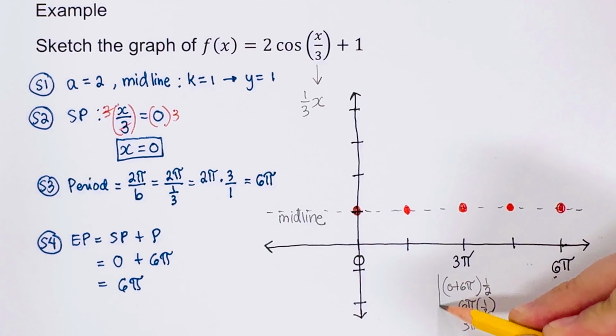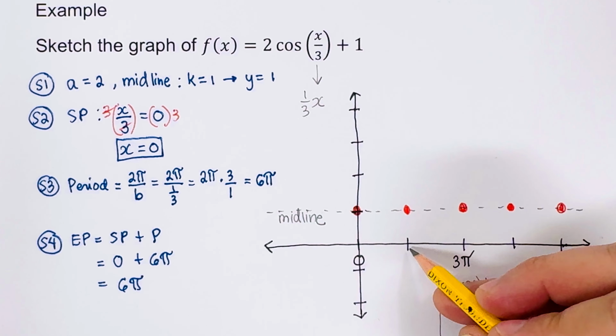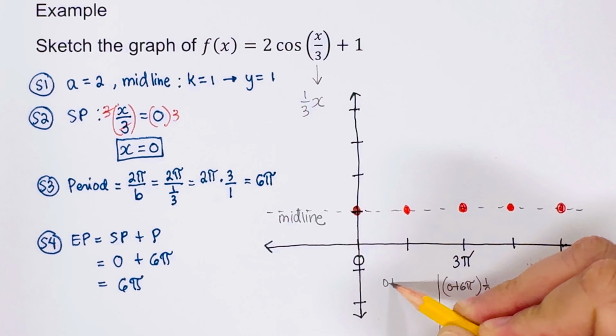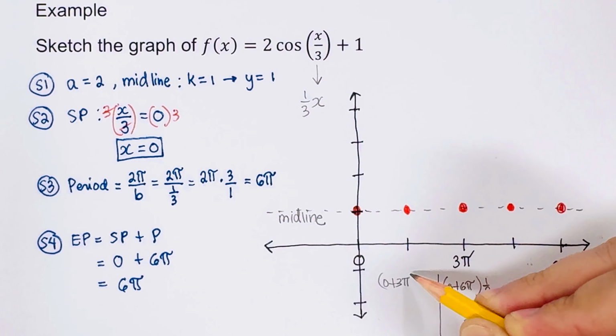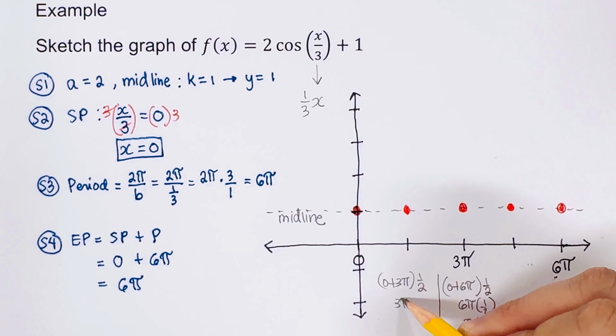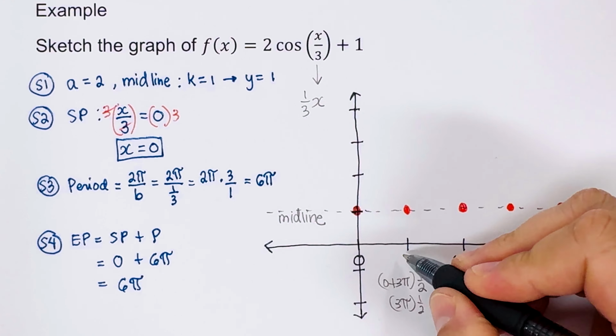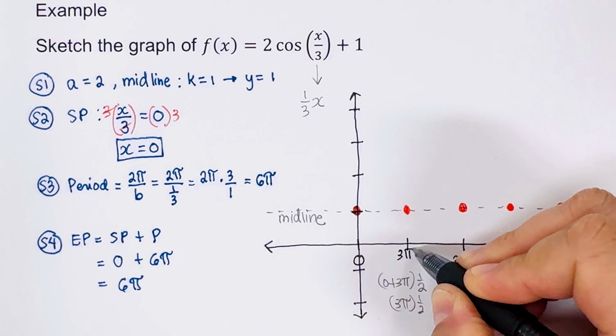We pretty much do the same thing. We add this value and the 3 pi to get the middle. So that would be 0 plus 3 pi, multiplied by 1/2. 0 plus 3 pi is 3 pi, times 1/2 is 3 pi over 2. So this is 3 pi over 2 right here.